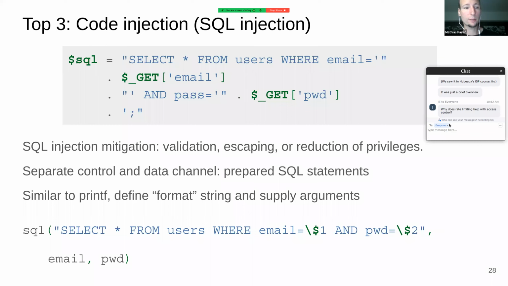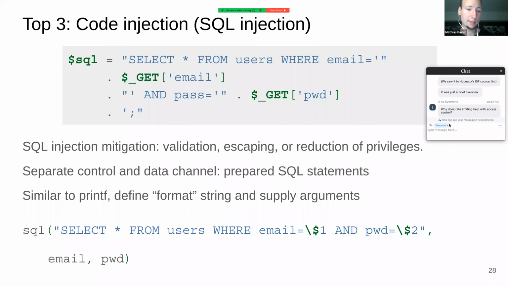The simplest form is to use separate control and data channels, which is the straightforward mitigation for SQL injection. So we can do prepared SQL statements. Similar to printf, we can define a format string and then later supply the arguments. So this fundamentally gets rid of SQL injection itself. We define the code, select star from users where email equals first parameter and password equals second parameter.